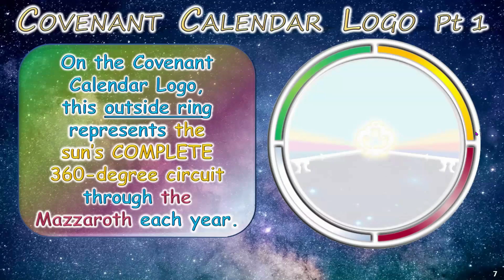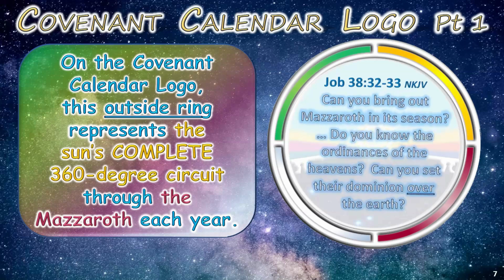The first part is going to look at this outside rim of this logo. On the covenant calendar logo, this outside ring represents the sun's complete 360-degree circuit through the Mazzaroth every single year.